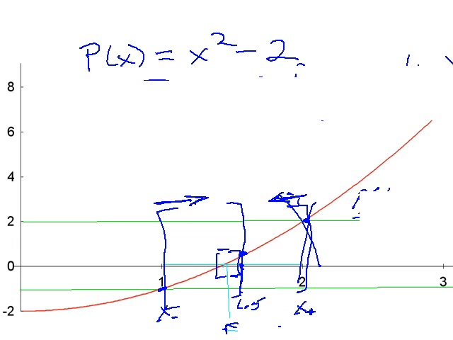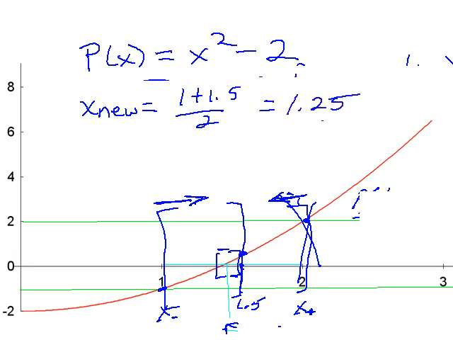Okay, so I find a new value again, and I take the 1 and the 1.5. I divide them by 2, of course get 1.25, which is about here.